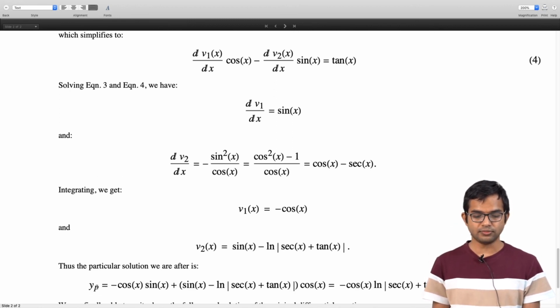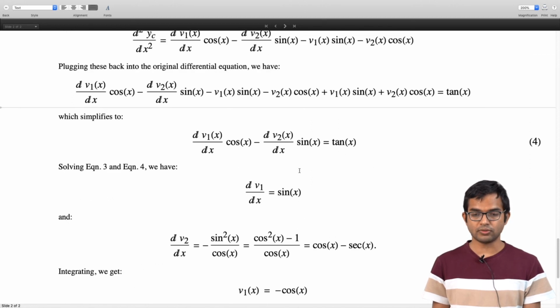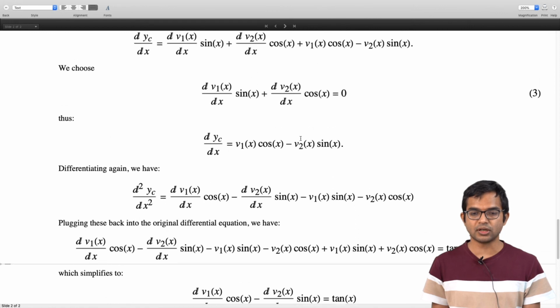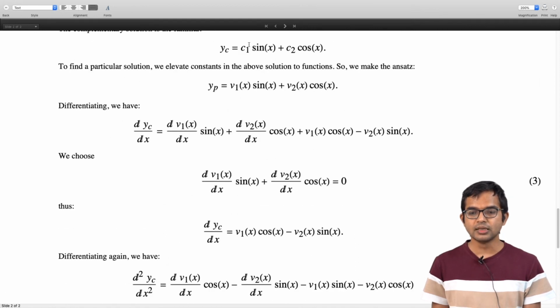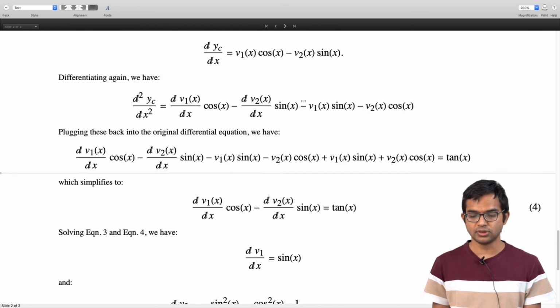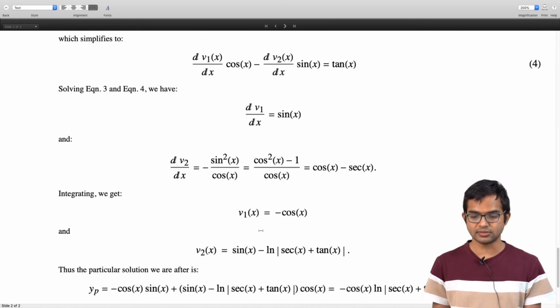So let's recall what we were after. The ansatz for the particular solution was v1 of x times sin x plus v2 of x times cosine of x. v1 of x is minus cos x, so minus cos x times sin x, plus this whole stuff for v2, sin x minus log of secant of x plus tan x.